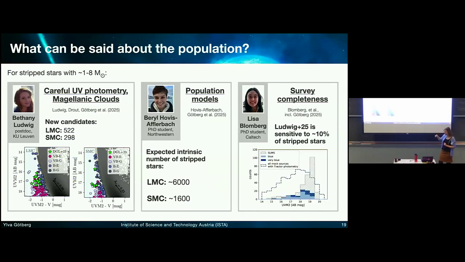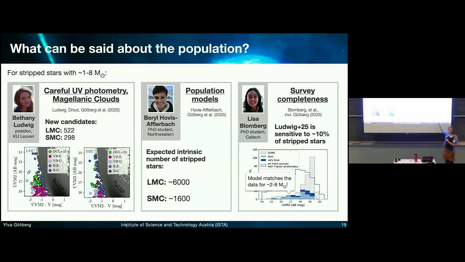But luckily, and this is a little bit complicated plot, the blue is the model, and the dashed one is the survey of Bethany, and it looks like it's completely off here at the high magnitudes, but actually in the mass range that I care most about, we're totally fine.